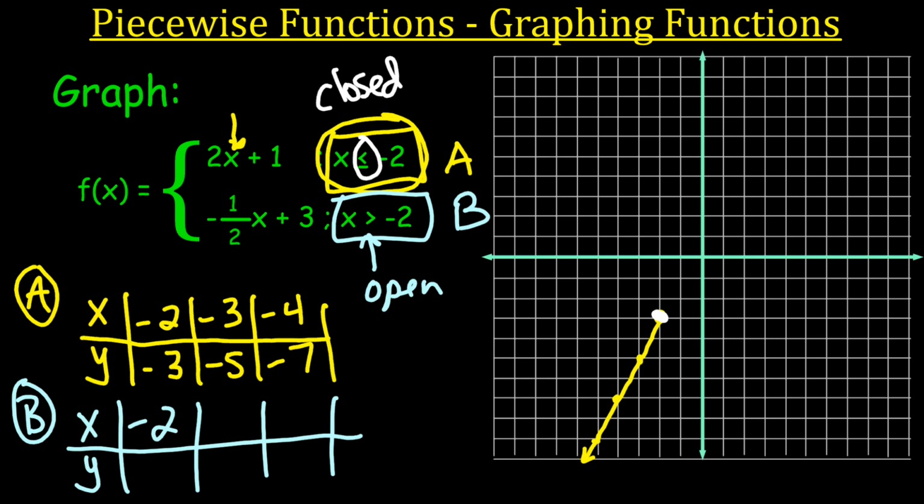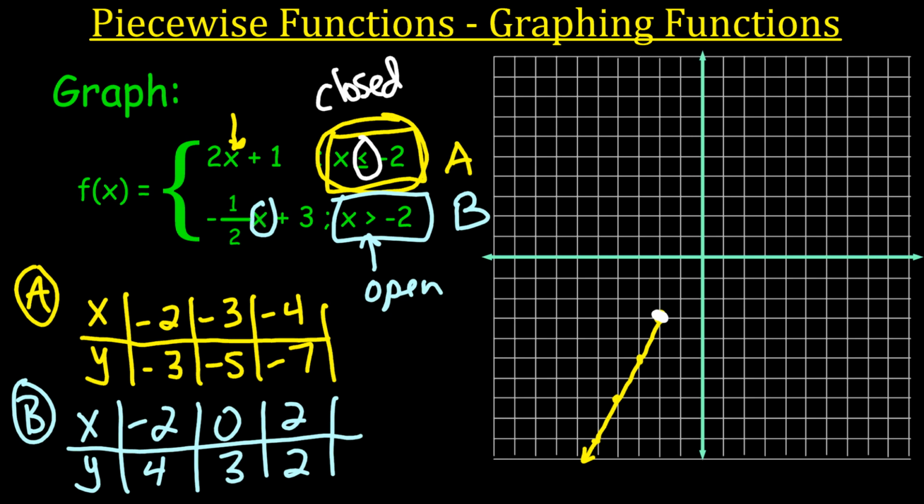All right, so we're going to plug -2 in to the original equation for x. -2 times -1/2 is 1, plus 3 is 4. And then we're going to pick numbers bigger than -2. So since we're multiplying by 1/2, I'm going to go up by even numbers, so I'll go 0 and then 2. 0 times -1/2 is 0, plus 3 is 3. 2 times -1/2 is -1, plus 3 is 2.